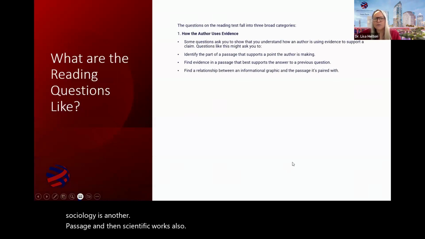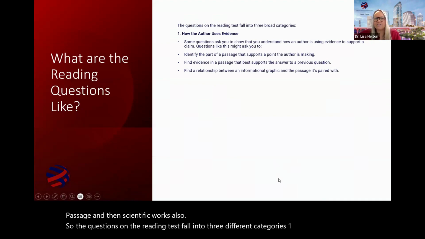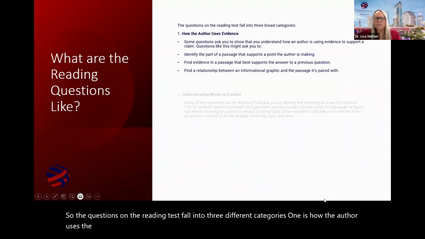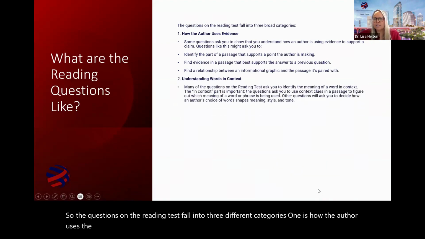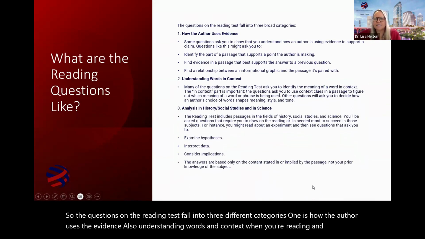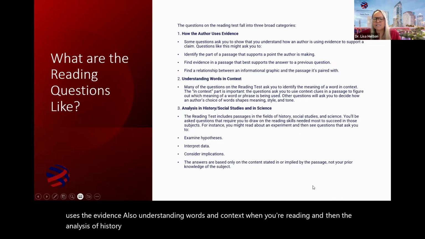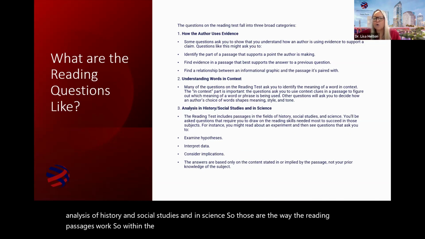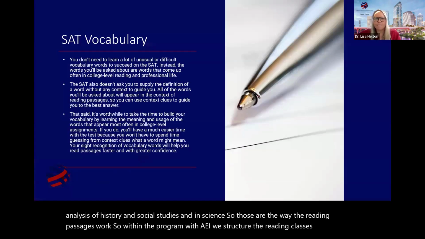The questions on the reading test fall into 3 different categories. One is how the author uses evidence. Also understanding words in context when you're reading. And then the analysis of history and social studies and in science. Those are the ways the reading passages work. Within the program with AEI, we structure the reading classes the same way.